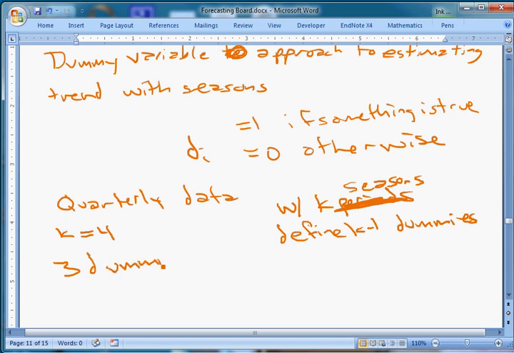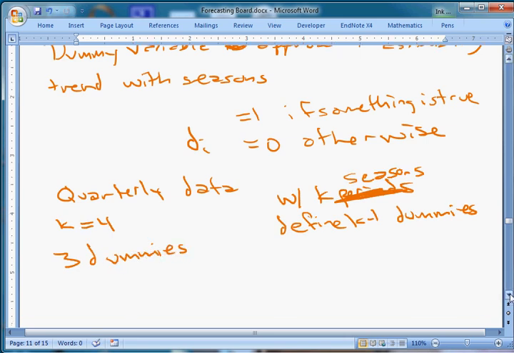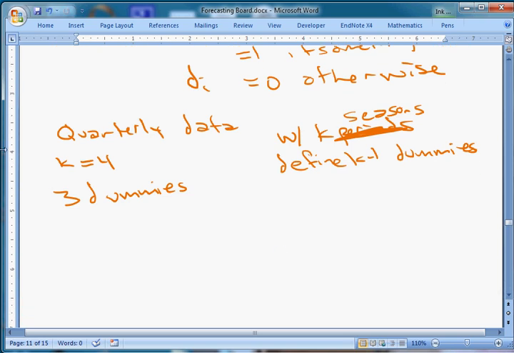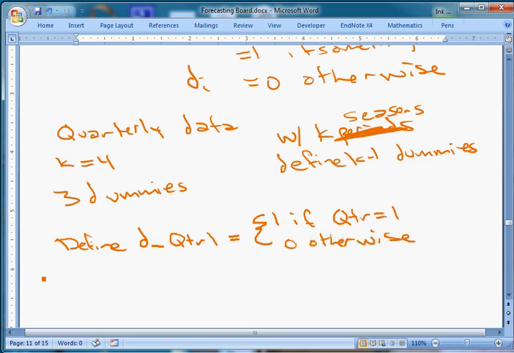It doesn't really matter which 3 you choose, but the convention is usually to leave the last one empty. So let's define it like this: D_quarter1 equals 1 if quarter equals 1, 0 otherwise. We'll define D_quarter2 equals 1 if quarter equals 2, 0 otherwise.